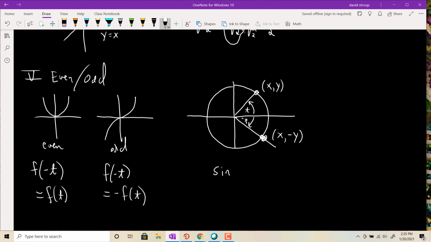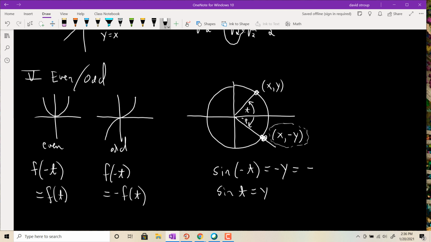So we want to test the sine to see if it's even or odd. So I'm going to put negative t inside: the sine of negative t. Well, if you recall from above, sine of t is just y. Sine of negative t, looking at this coordinate here, is negative y.